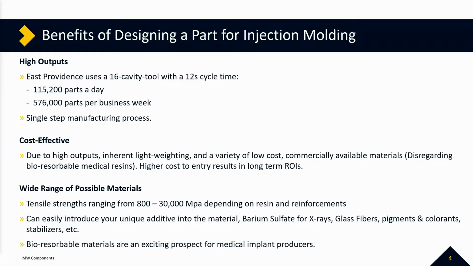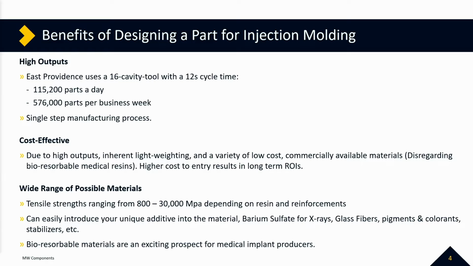And that makes the plastic part that we're making out of that material visible on X-rays or other medical imaging. So there are also glass fibers, which increase strength, pigments and colorants to make sure that you have the exact color that you might want your plastic part to have, and so on and so forth.